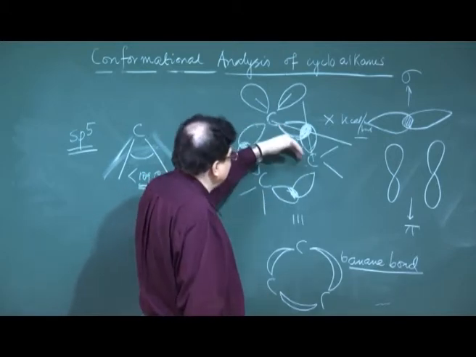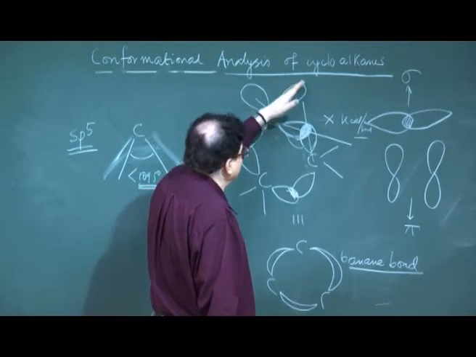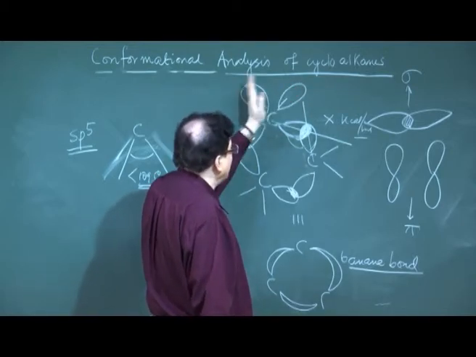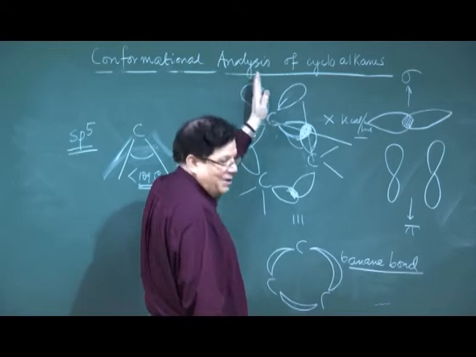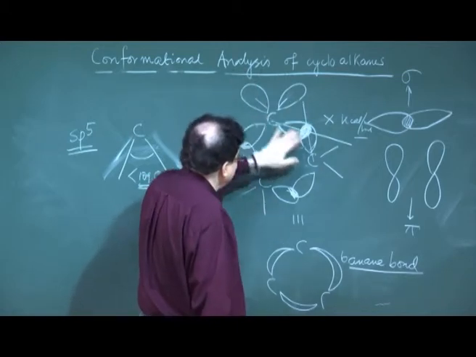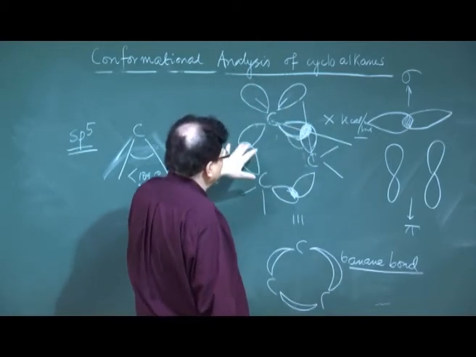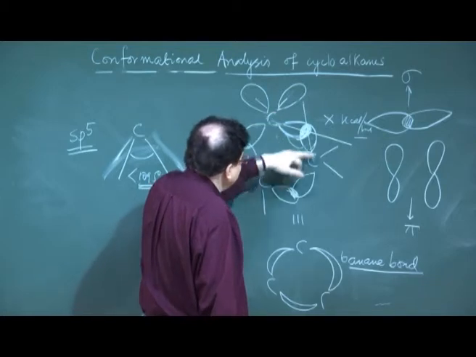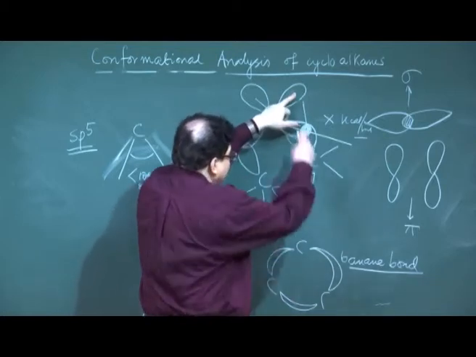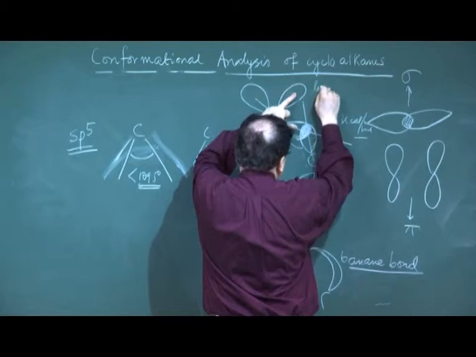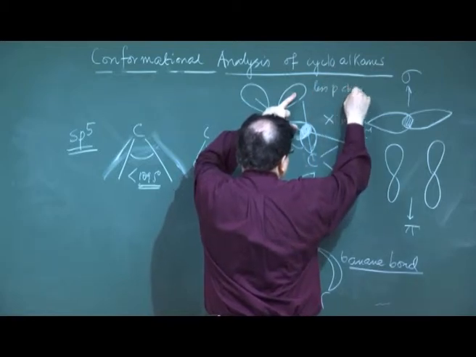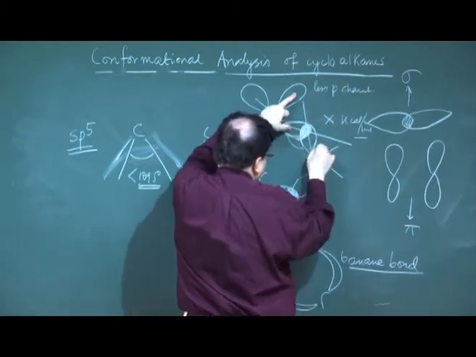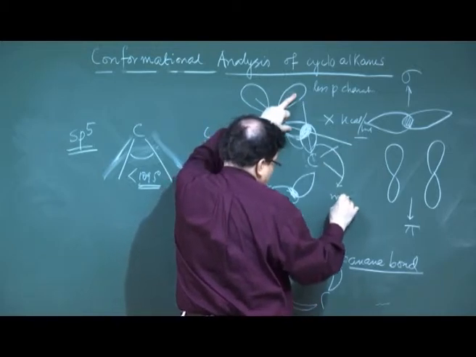If you put more p character here, you will have less p character on the outer bonds, which are outside the ring and are not making the ring bonds. So, for the bonds not making the ring, you make more s character or less p character, and here you introduce more p character.